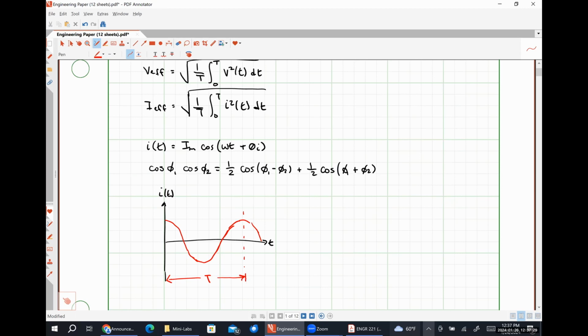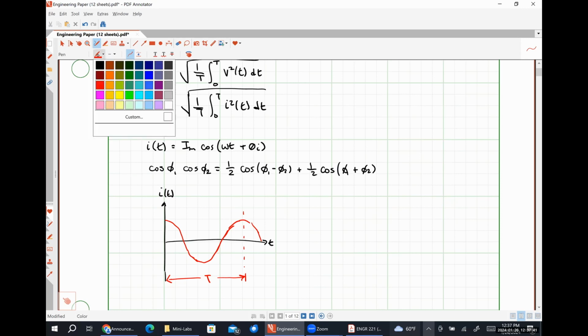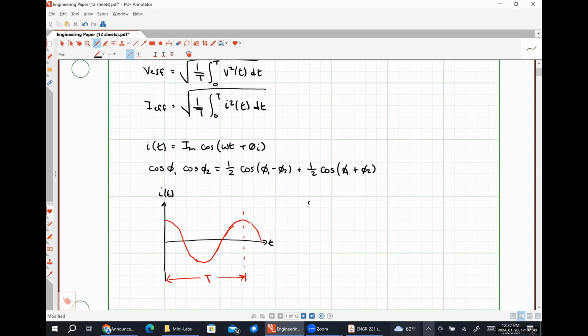Do any of you remember how that period is related to either angular frequency or linear frequency? So our linear frequency f is just the reciprocal of our period, right? Frequency is effectively the number of cycles per second. Our period is the number of seconds in one cycle. Angular frequency is related to linear frequency by the relationship omega is equal to 2 pi f.